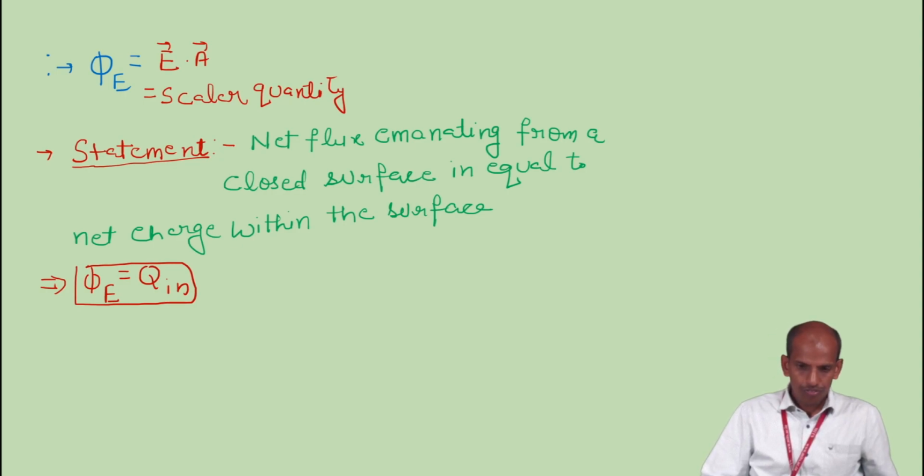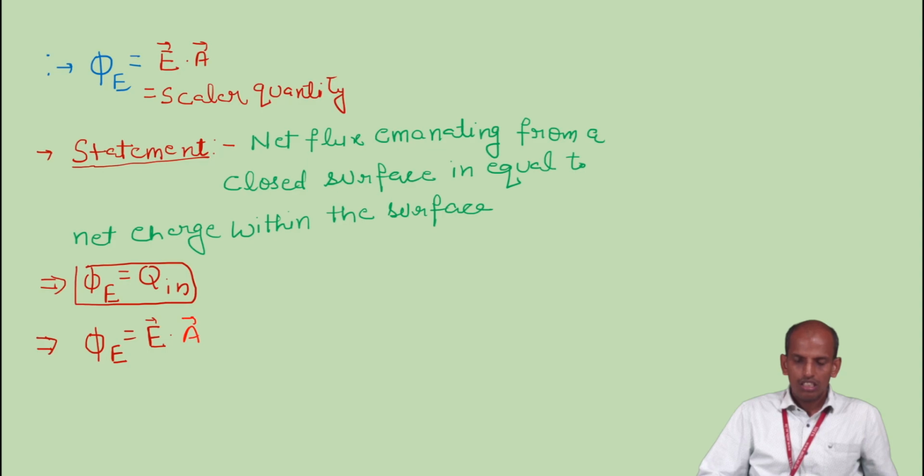So if I write like this, what do I mean by this? How can one really look for its proof? The first thing is that the flux is E dot ds or E dot A. Till now I will write E dot A.